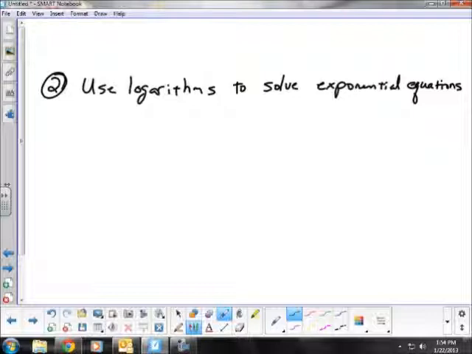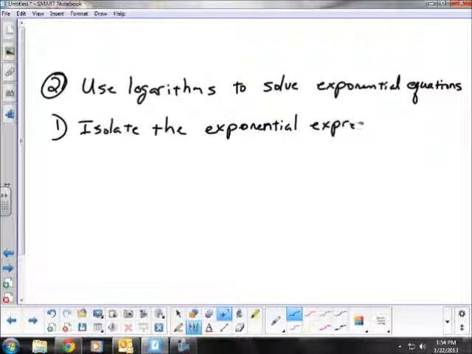So the steps for this is, first of all, you isolate or get by itself the exponential expression. So in other words, you don't want a coefficient, you don't want anything added to it, you want it by itself on one side of the equal sign.